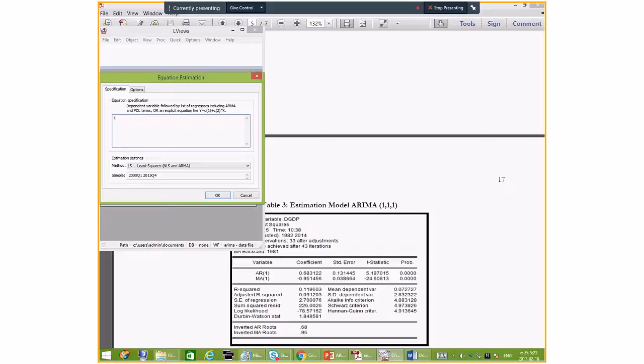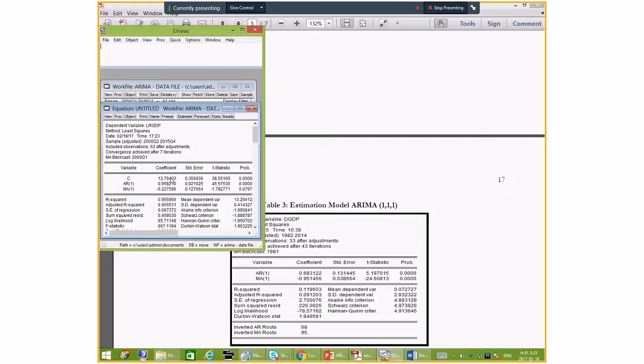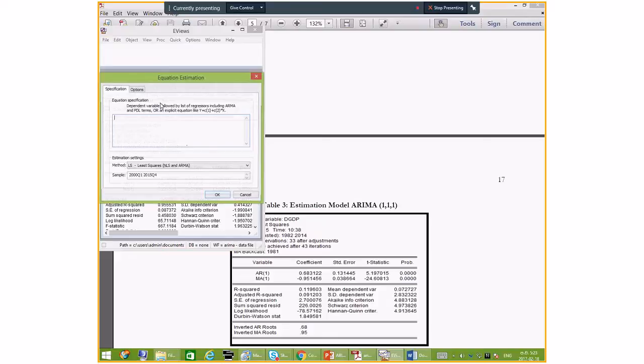Log RGDP equals. Right here we are writing the estimate equation.